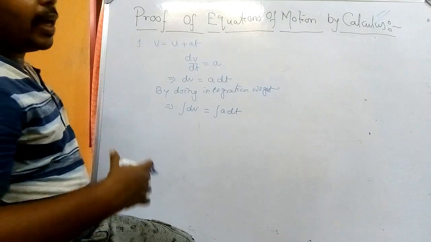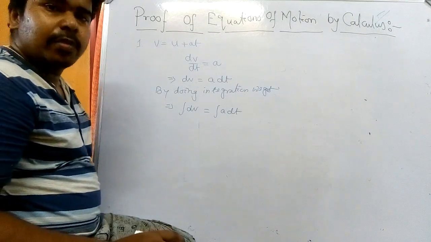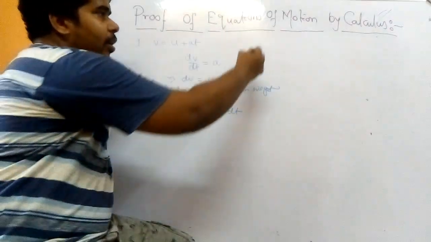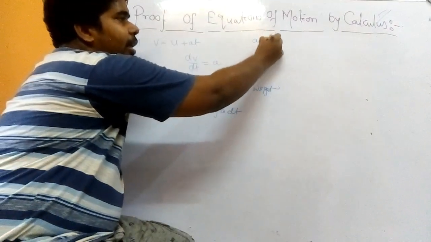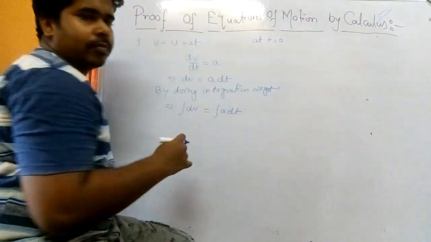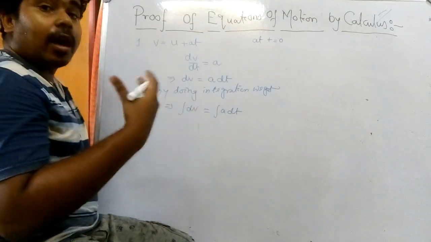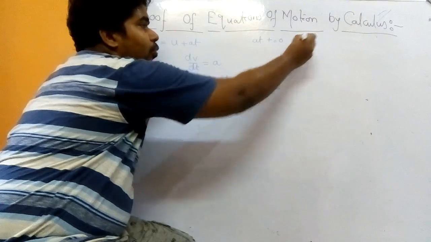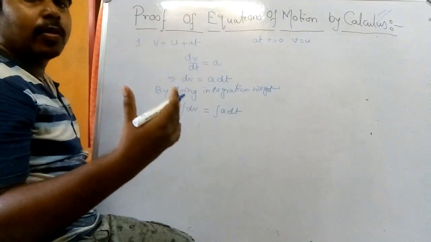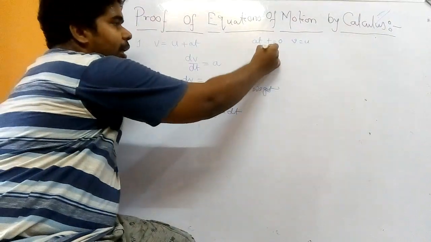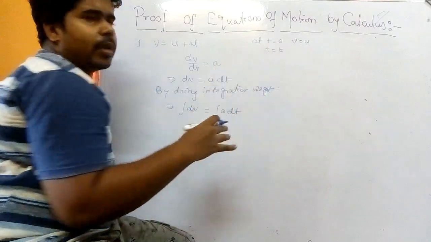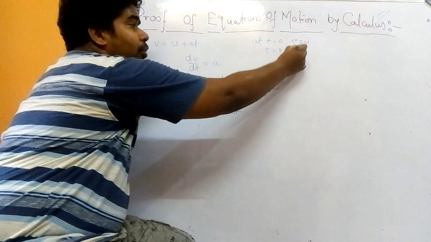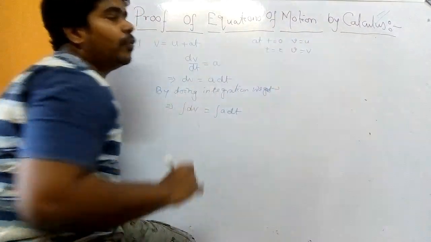Now, for starting any integration, we need limits because we are doing a definite integral. So here we have to assume that at t equals 0, whenever we have started the observation, velocity is u, and at t equals t, when the time t you have taken, your velocity is v.